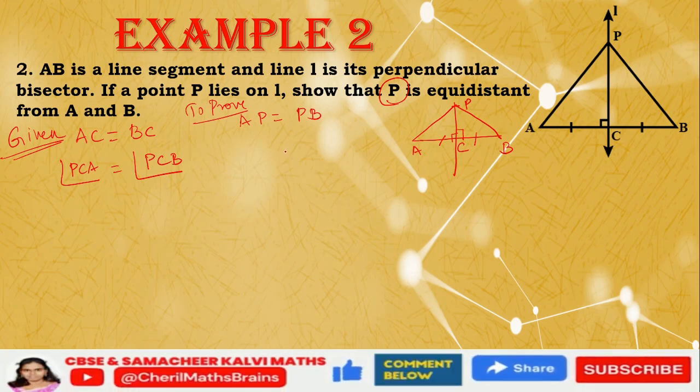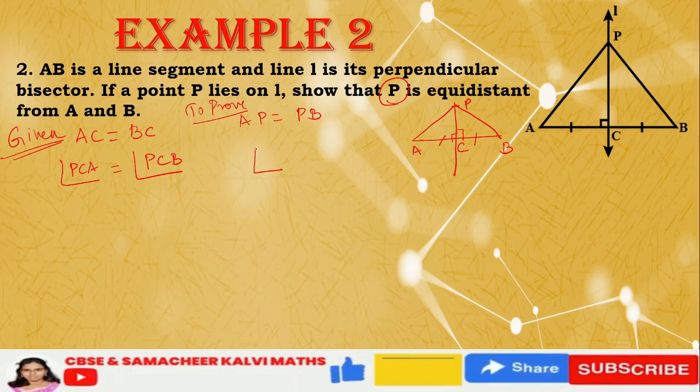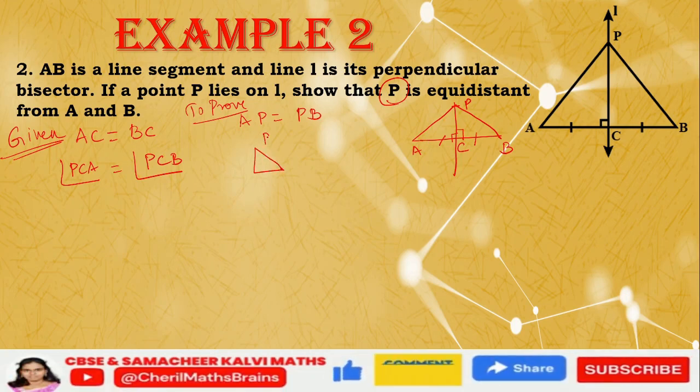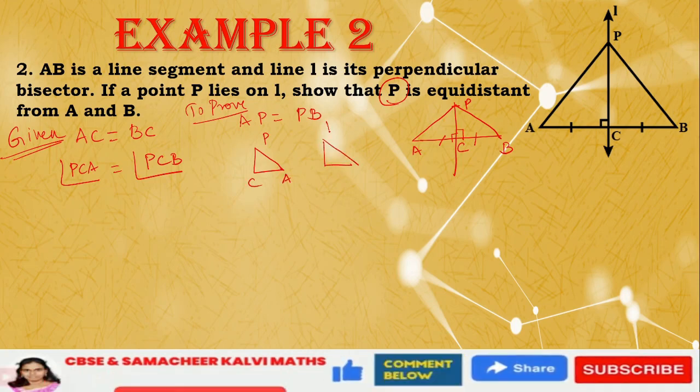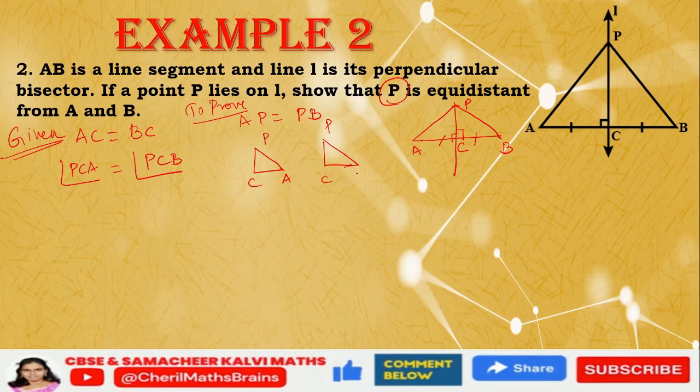If you consider these two triangles, PCA and PCB, we already know that AC and BC are equal, and these two angles are equal, and we can see that PC is common.